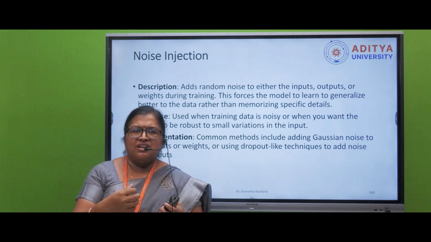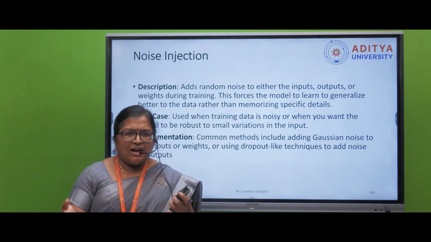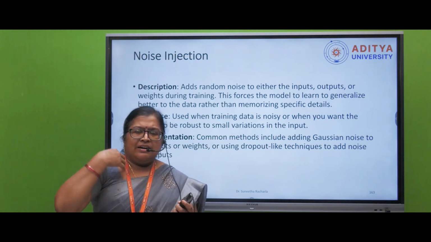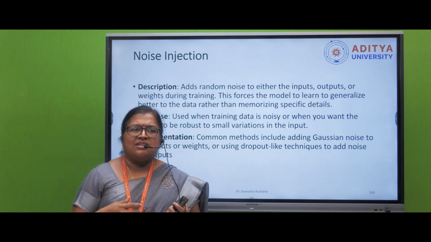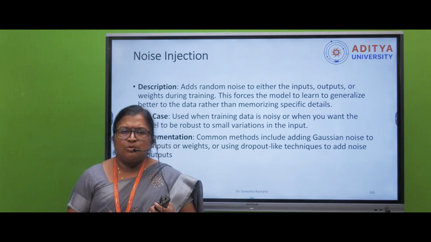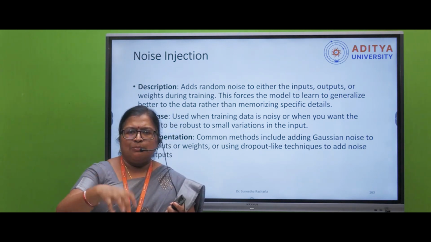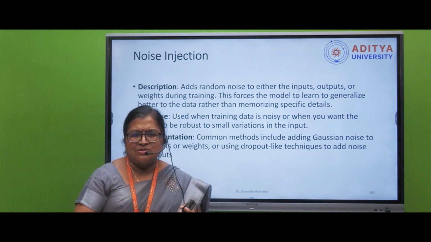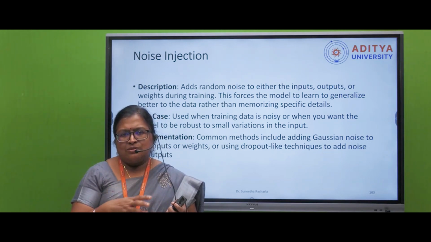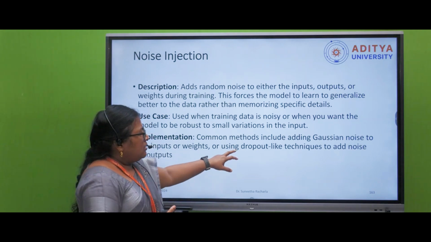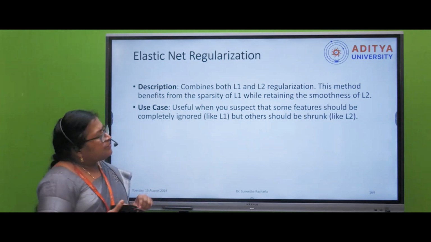They compete with each other and give you the best result. So that's what happens in noise injection. We intentionally add some extra noise to the model, so that the deep learning model we are creating has to come out and give the best results. This is one type of technique we use to reduce overfitting.